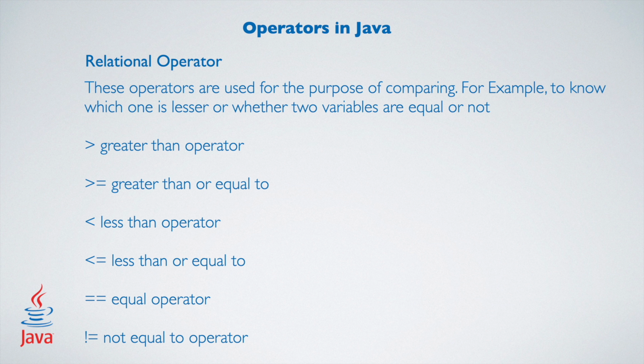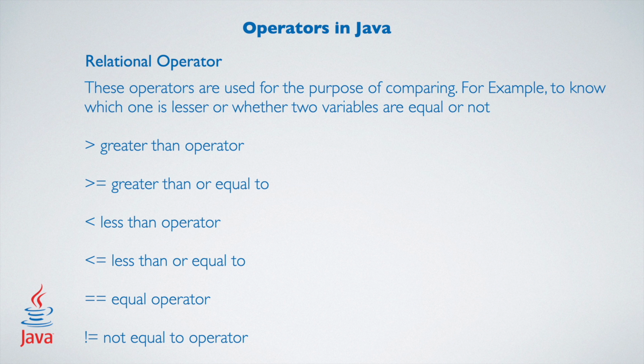So here is the list of some relational operators: greater than, less than, greater than equal to, less than equal to, equals to. This equals to is not assignment operator, right? This is relational operator. You can see equal to is written 2 times. This is telling whether variable A is equal to variable B or not. And the last one is not equals to.